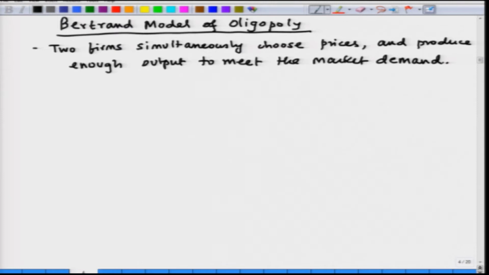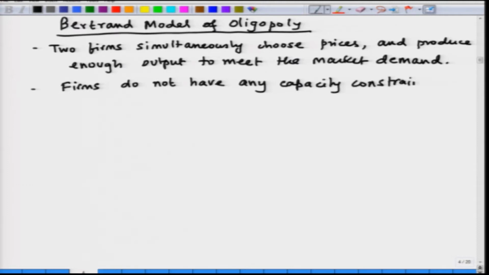So, for the moment we will also assume that the firms have no capacity constraints, which means whatever is the quantity that is demanded by the consumers, either of the firms can meet that entire market demand. Firms do not have any capacity constraint. We will relax this assumption later on and we will see how the predictions of the Bertrand model change when we remove this assumption of firms not having any capacity constraint.